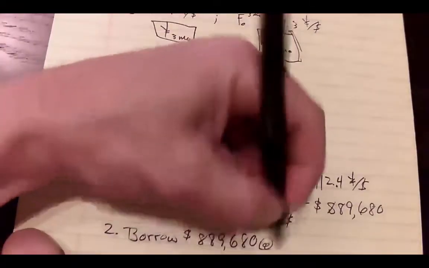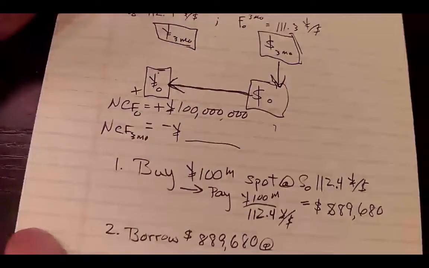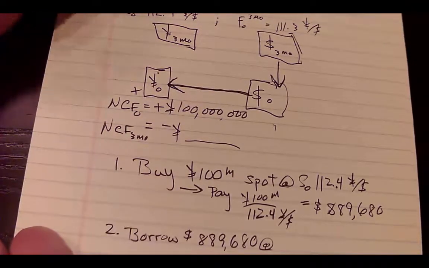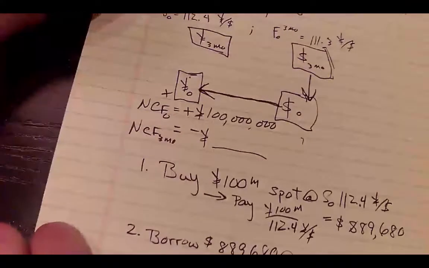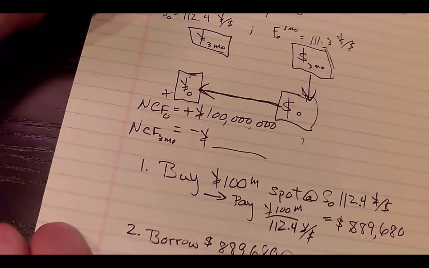At the interest rate. Interest rates are exchange rates between current and future cash flows of the same currency. The U.S. interest rate is given as 3%.